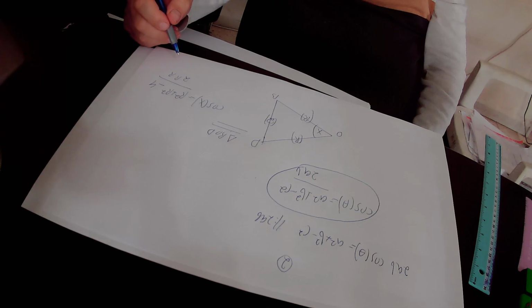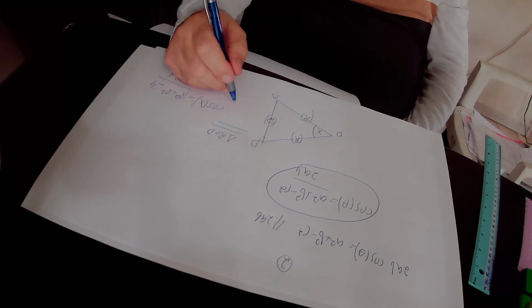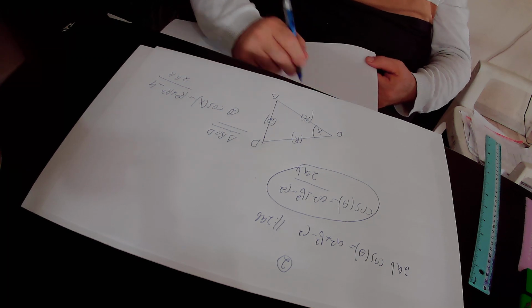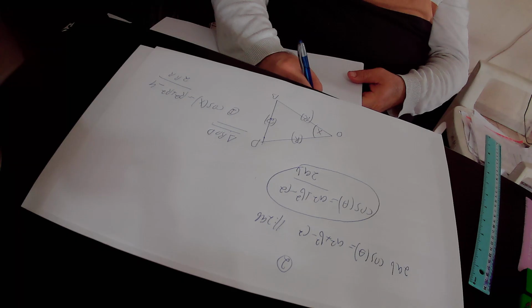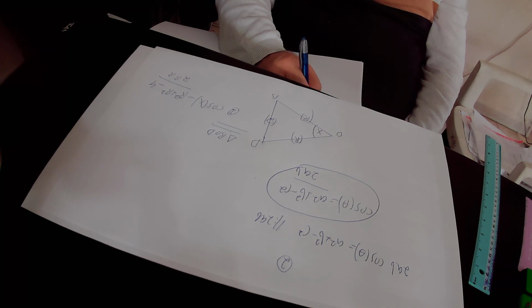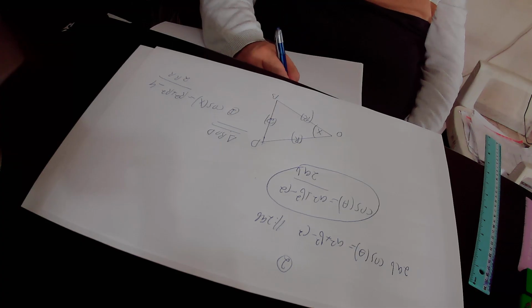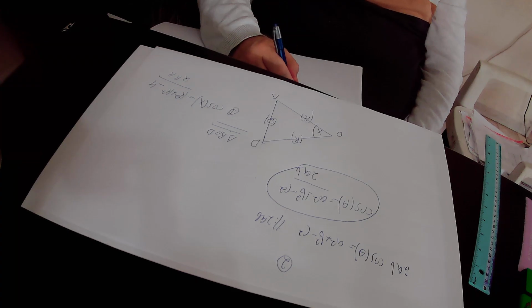So if we found out that, this will be equation 1, cosine X equals R squared plus R squared is 2R squared minus 4 over 2 times R, that is 2R squared.